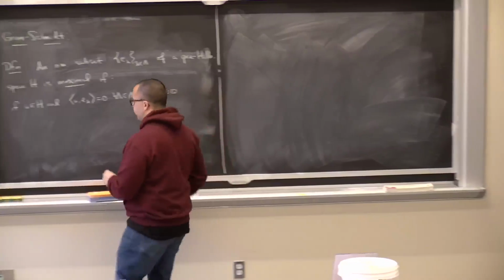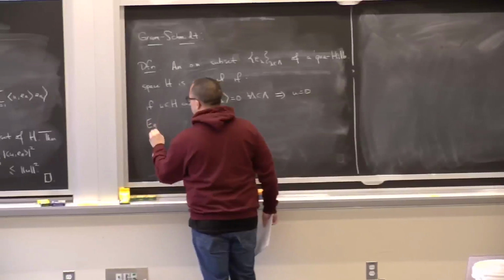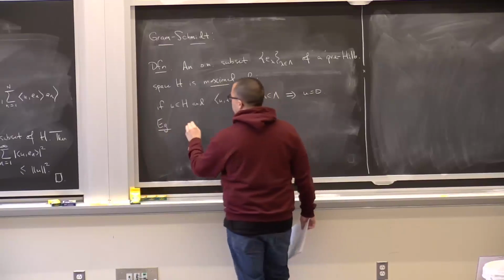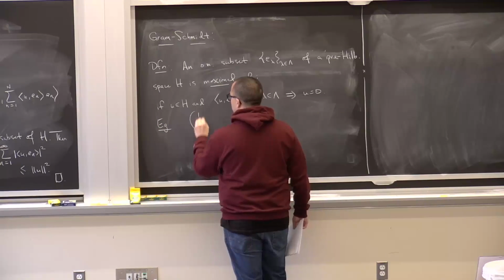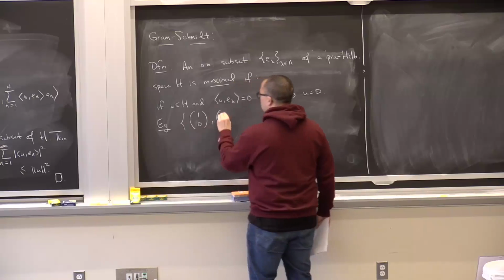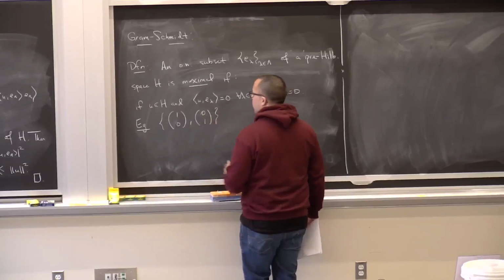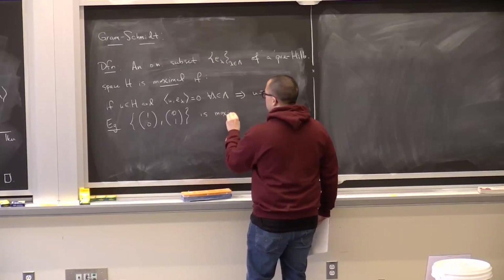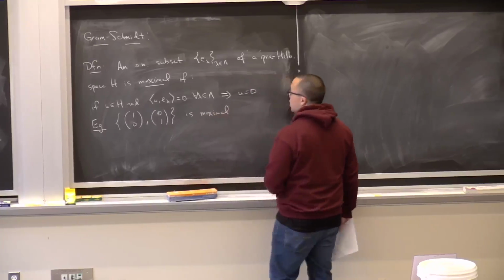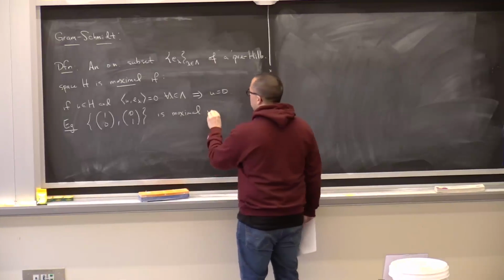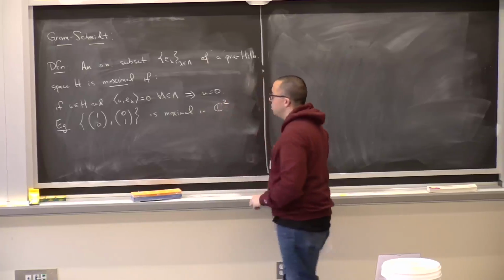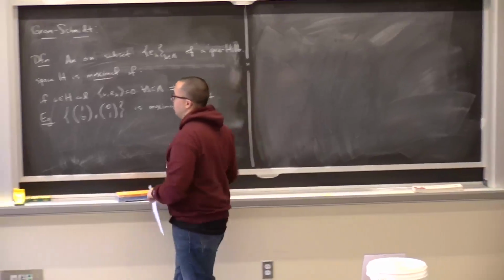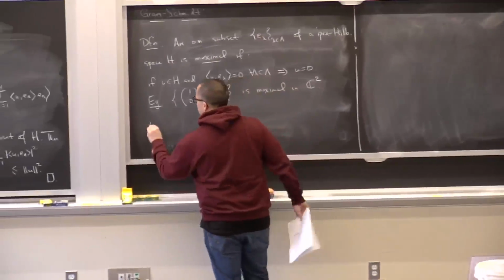So an example, of course, is this collection here, which you can check is a maximal orthonormal subset of C2.